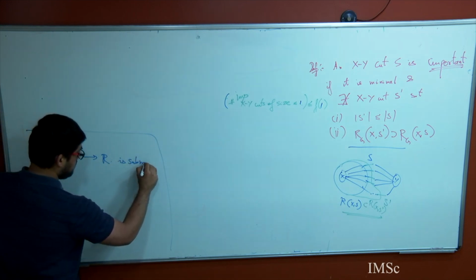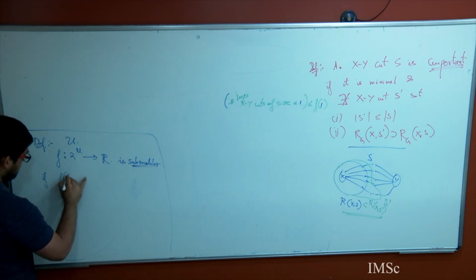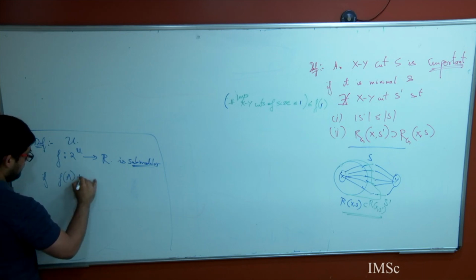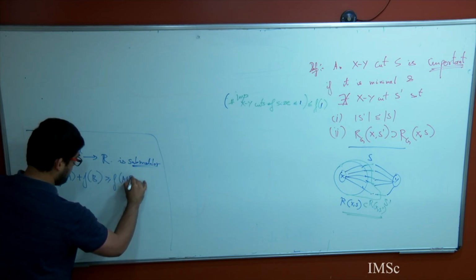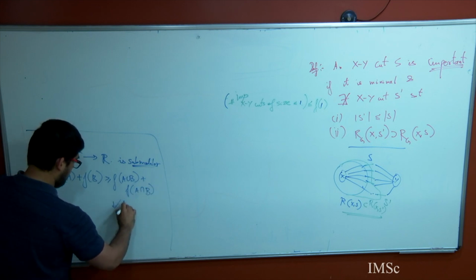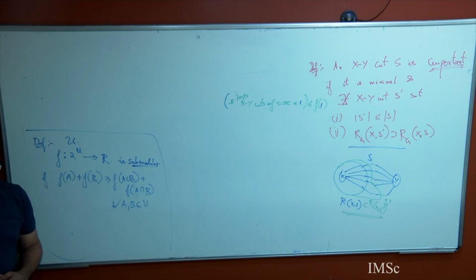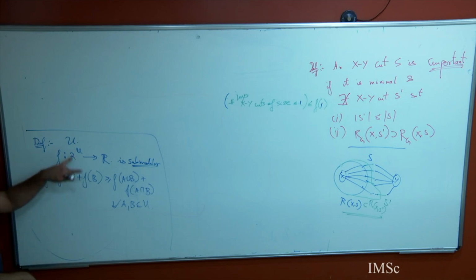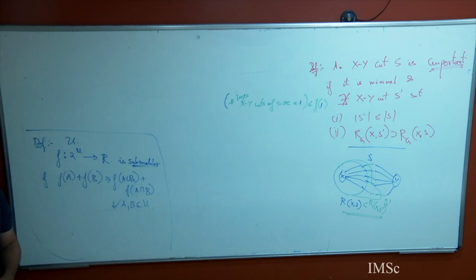The function is submodular if, and the only constraint is that for every pair of subsets of U that you take, the function satisfies this inequality.